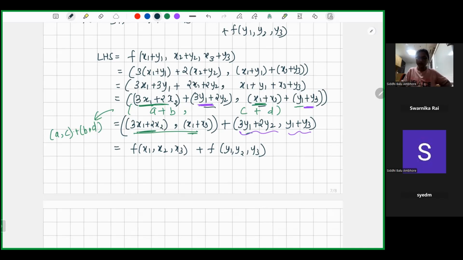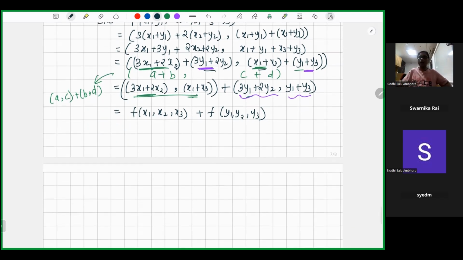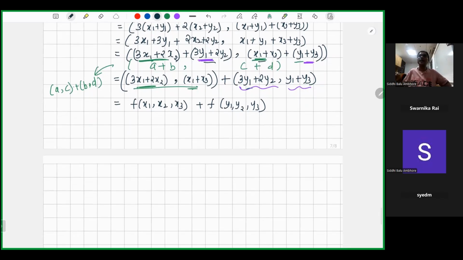This is all happening in R. All that is fine. I am just saying the value before the comma and after the comma, A and C, with which rule have we clubbed them together? This is just the definition of how we defined addition in R2, right?